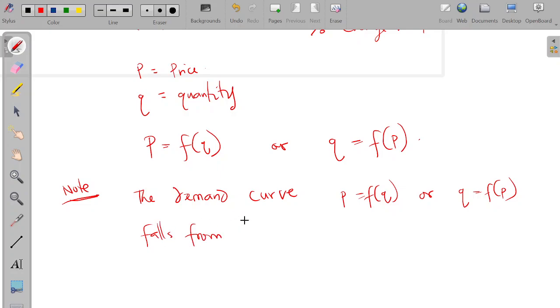What that means is that as Q increases, P decreases.